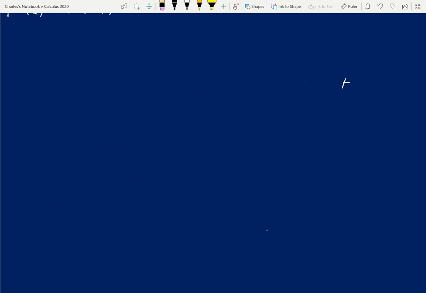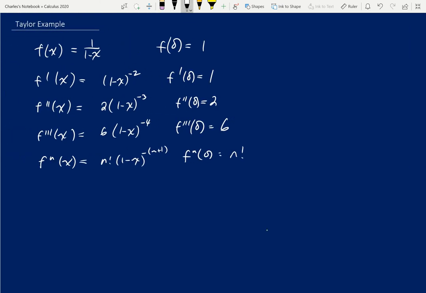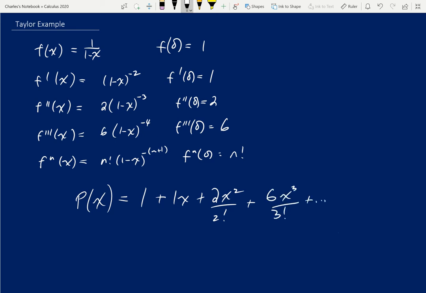And so then what is my function going to look like? Let's call it p of x. It's going to equal 1 plus 1x plus 2x squared over 2 factorial plus, let's say, 6x cubed over 3 factorial plus dot, dot, dot, n factorial x to the n over n factorial.